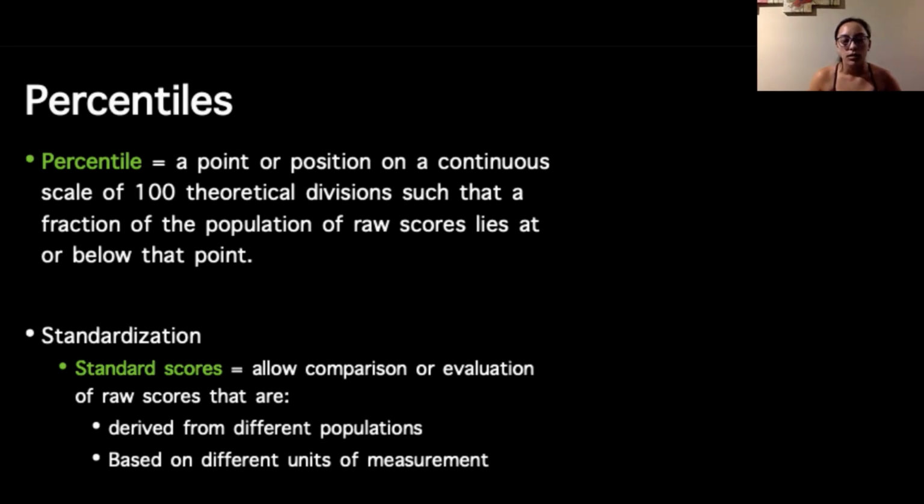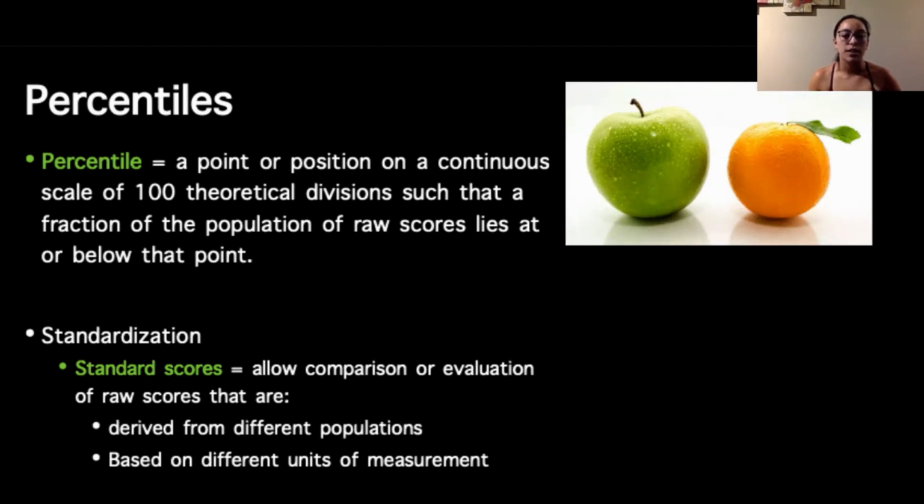I like to use visual representations, like comparing an apple to an orange. These are two different fruits, right? So you could look at it as the apple is one population, the orange is another population, and then we can compare them using a percentile or a normalized or standardized value.